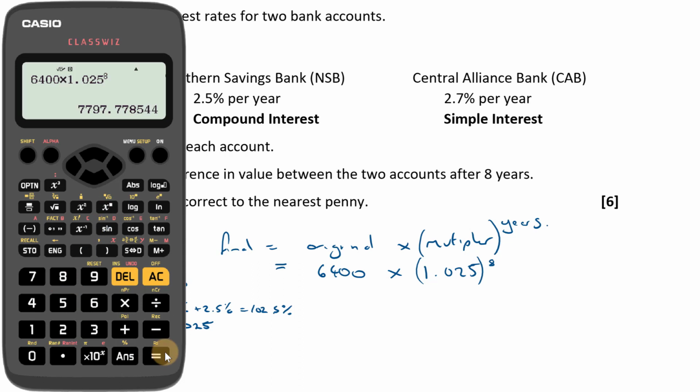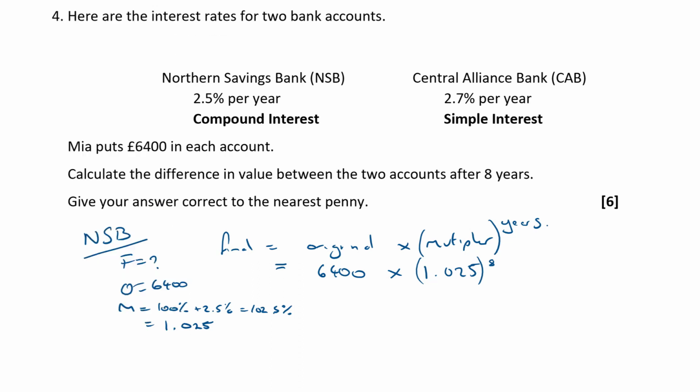That comes out to be £7,797.78. So I'm just going to write that down to the nearest penny. 7797.78.